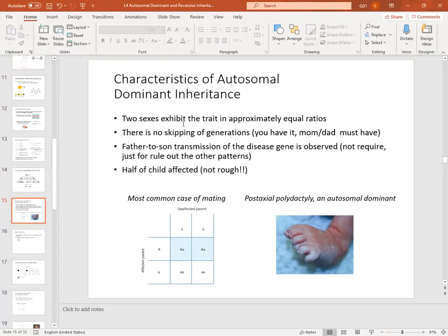So that's the kind of characteristic of autosomal dominant inheritance.